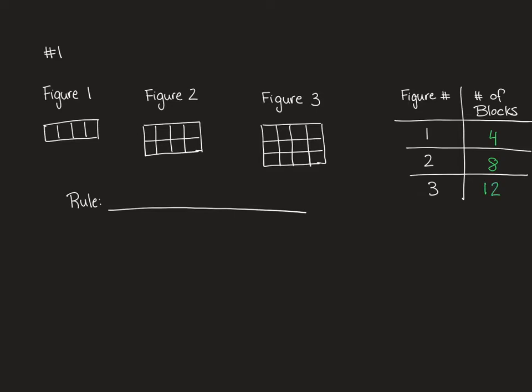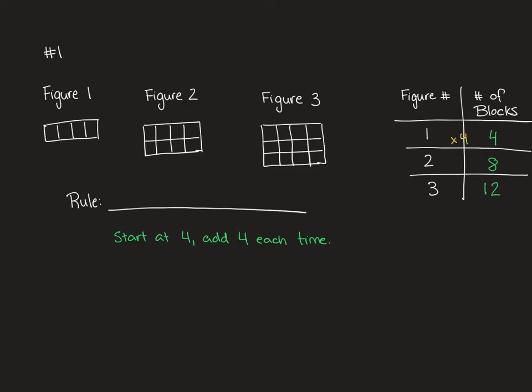Now to come up with our rule, in the past we might have written something like start at 4 and add 4 each time. However, there is something else you might notice, and that is that for direct variation, we can multiply.